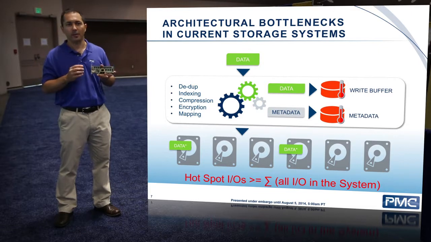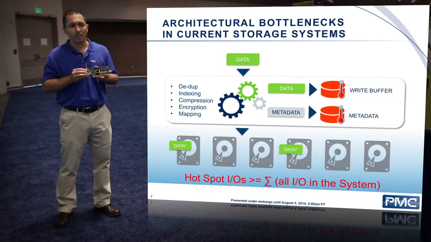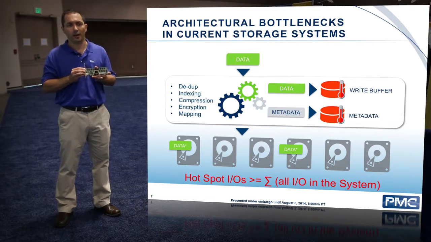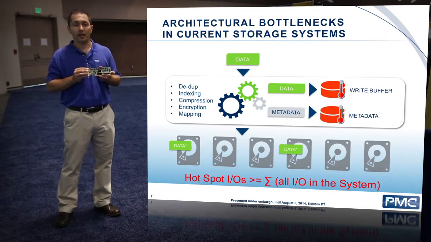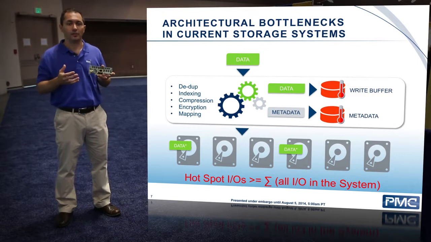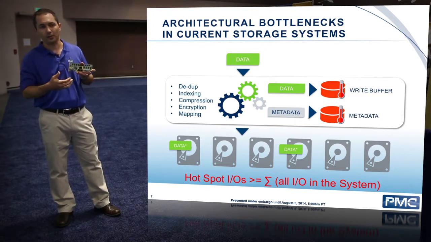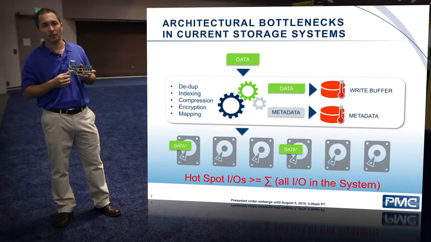But they all have the same problem. They have to process the data while at the same time providing an acknowledgement to the higher level application. And for that, all storage systems will use some kind of write buffer cache to acknowledge the data as quickly as possible and let the application move on with its own tasks.